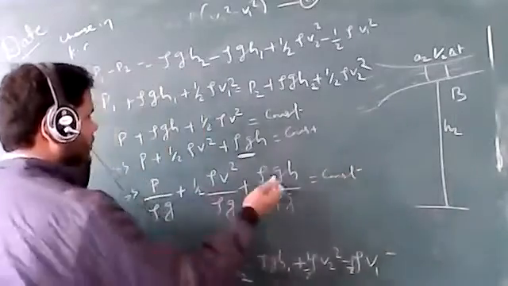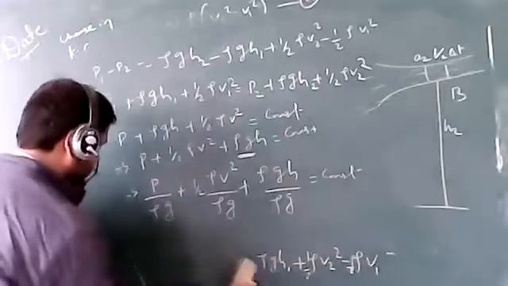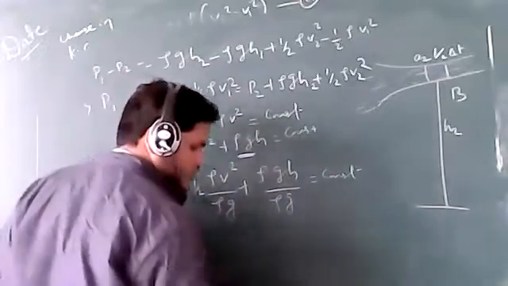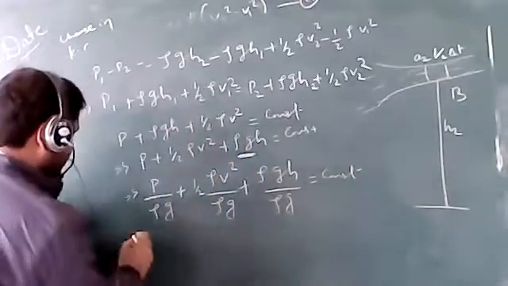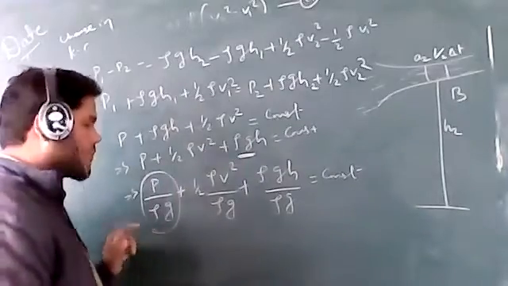Yes or no? If you divide by rho g in the three terms on the left hand side, then it will also remain as rho g on the right. Then this P upon rho g is called the pressure head.